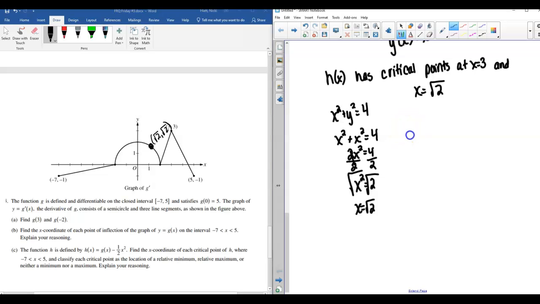So if we make ourselves a sign line here and label it h prime of x, we need our square root of 2. We also need our 3 to be over here.